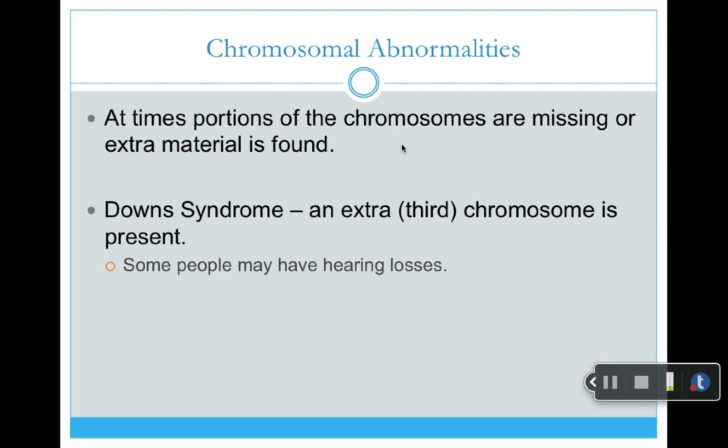At times, portions of chromosomes may be missing or extra material would be found. So with Down syndrome, there's a third chromosome for number 21. Instead of having a 21 from mom and a 21 from dad, there's a 21 from mom, a 21 from dad, and another piece of a chromosome.